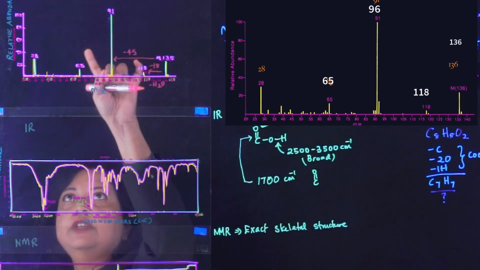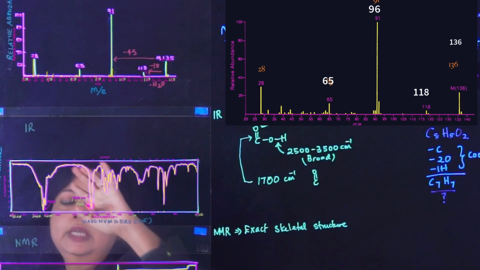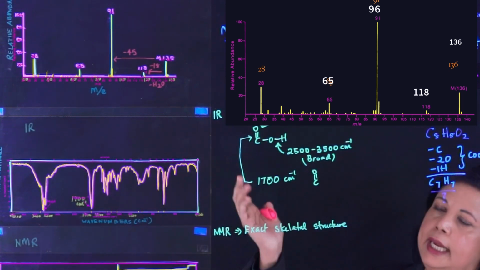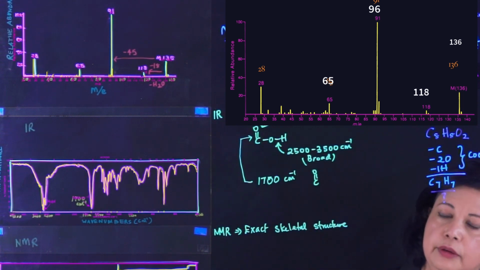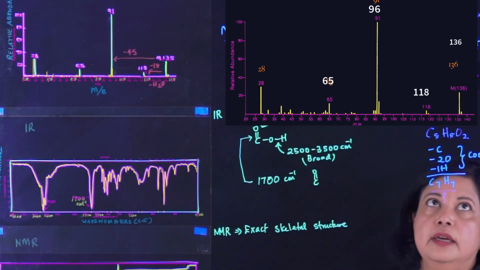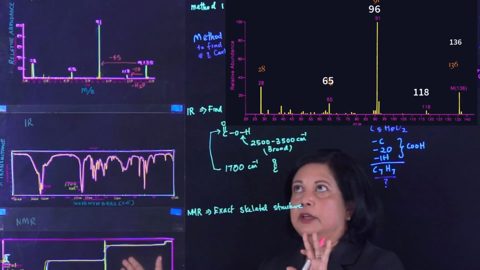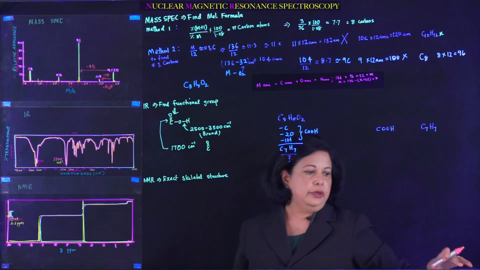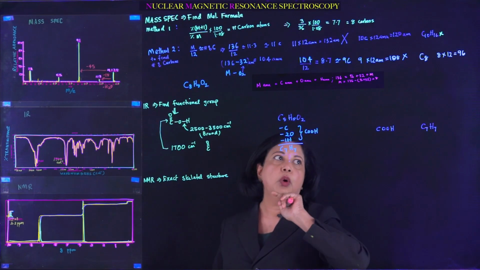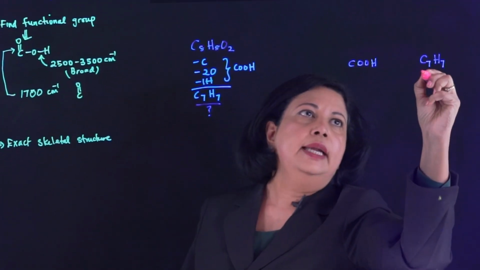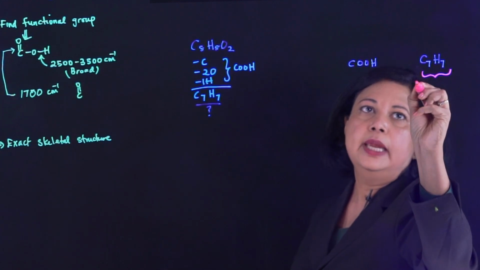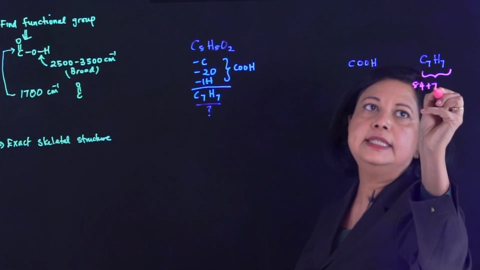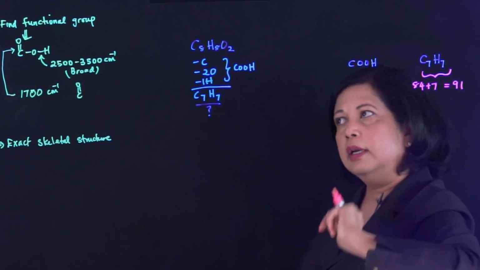Now we have 65 and 28. 28 is typically CO. And that makes sense because we have a CO here. Let's try to figure this out with the mass spec first. So if you have 91, if you add this up here, this is going to be 84 plus 7, and that's a 91.